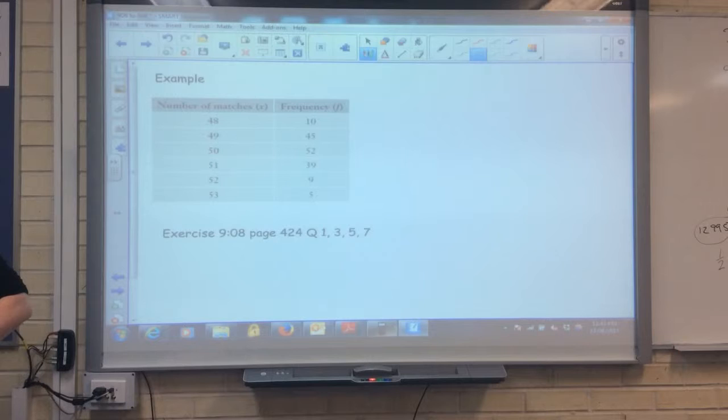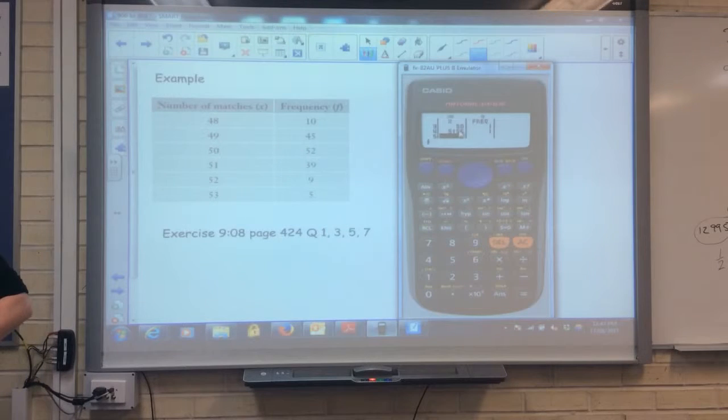Why is that not working? Are we supposed to put it in like the frequency? Can we put the frequency on the other side? Yeah. Cool. For some reason that one entered a bit weirdly. 52, 53, is that as far as we're going?